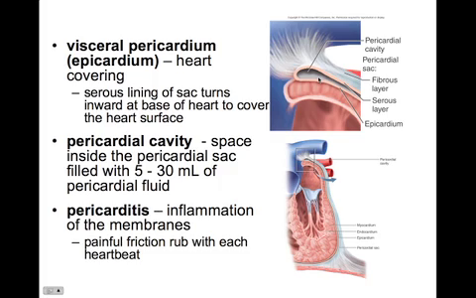It's usually filled with about 5 to 30 milliliters of pericardial fluid, which acts to allow slipperage between the membranes, as well as creating a protective layer around the heart. Pericarditis is the inflammation of these membranes, and it's quite painful with each heartbeat because there's friction between these membranes.